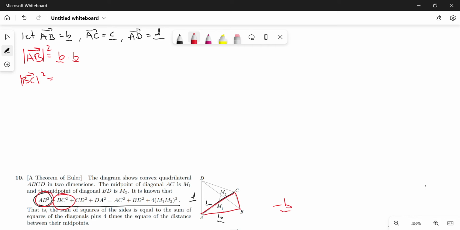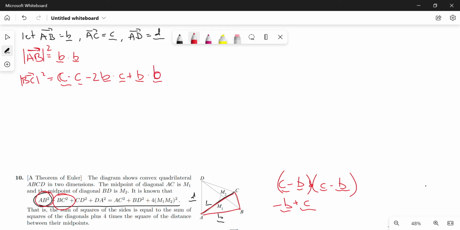And then A to C, which is C. So we know it's going to be C minus B, dotted with C minus B. If we expand that, we know we're going to get C dot C, minus 2 B dot C, and B dot B.